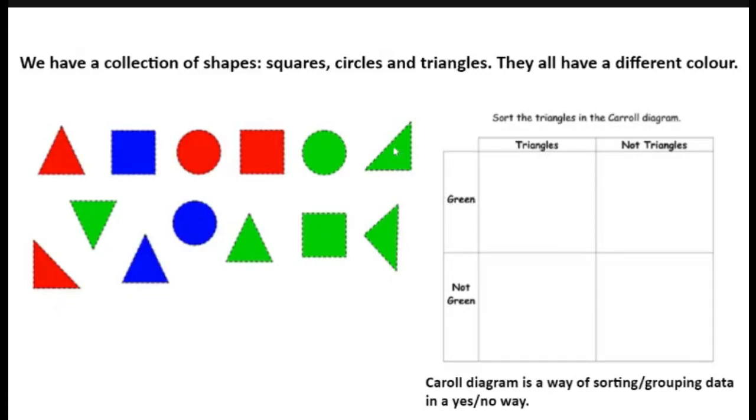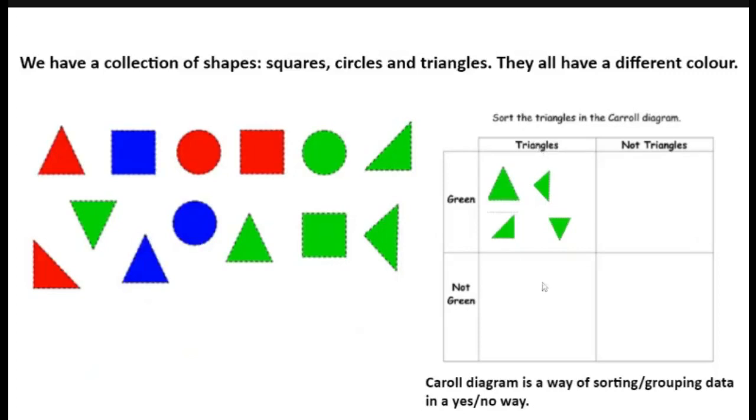So let's see. Green triangle, green triangle, green triangle, green triangle. Let's put them in this square. This triangle goes here. Now, this triangle goes here. This triangle goes here. And this triangle goes here. We have only triangles that are green in this square.